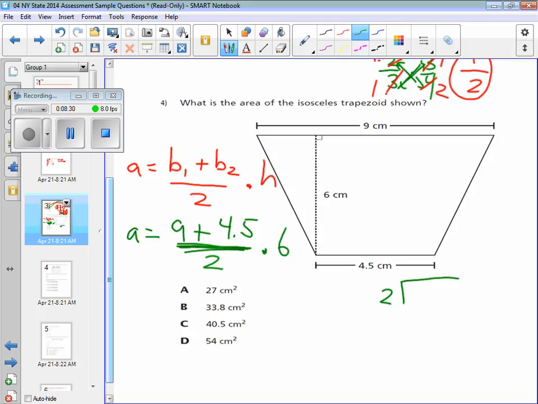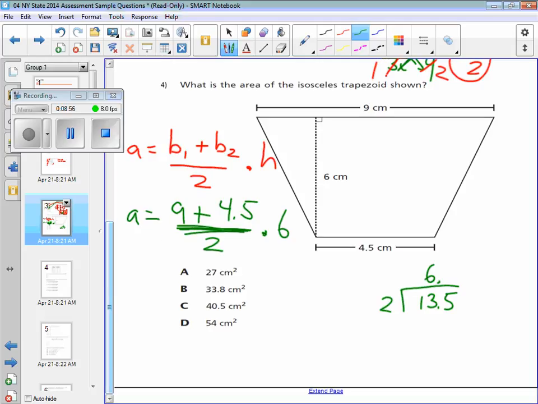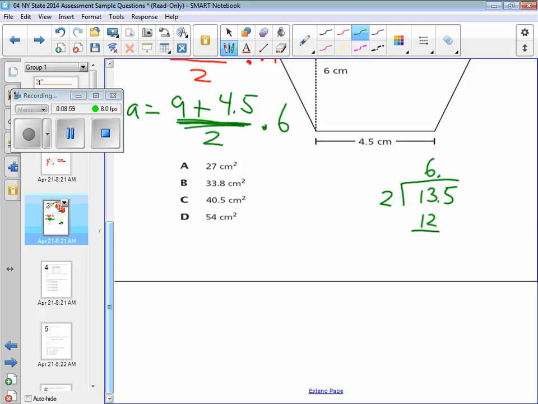2 goes into 13.5. Let's do it. Who wants to volunteer? Lily, 2 into 13. I'll talk you through it just because of time. Okay. 2 into 13. What is 6 times 2? 12. Okay. 13 take away 12. What do I got to do next?